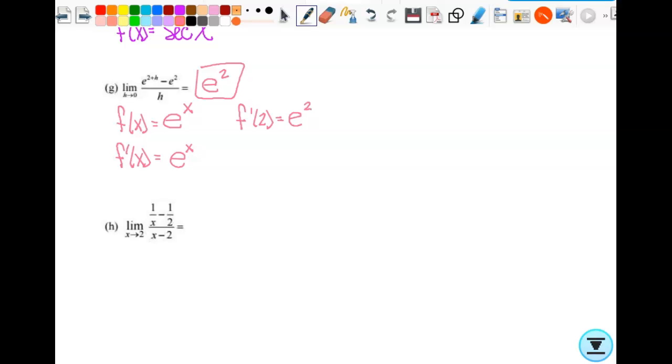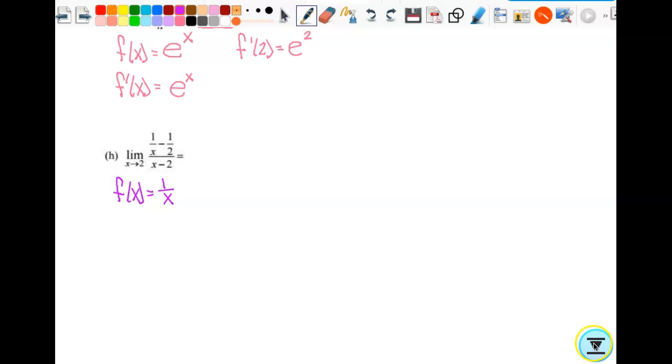Ask me a question. You understand where everything's coming from? You sure? Okay. Well, then let's look at h. What's f of x in h? 1 over x. So f of x is equal to 1 over x. You find the derivative. What's the derivative of 1 over x?